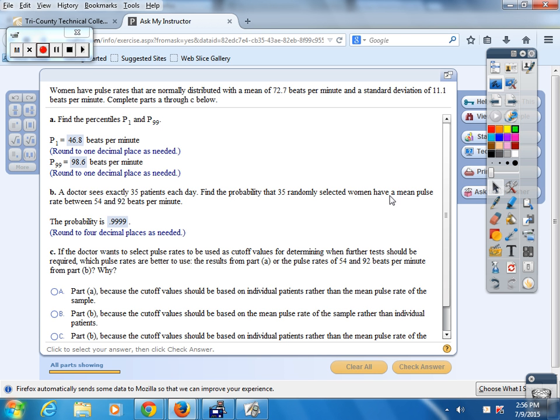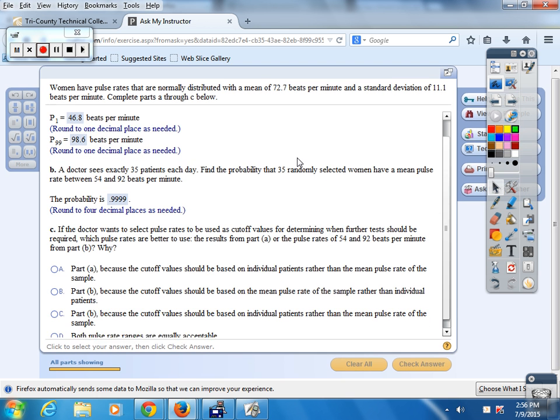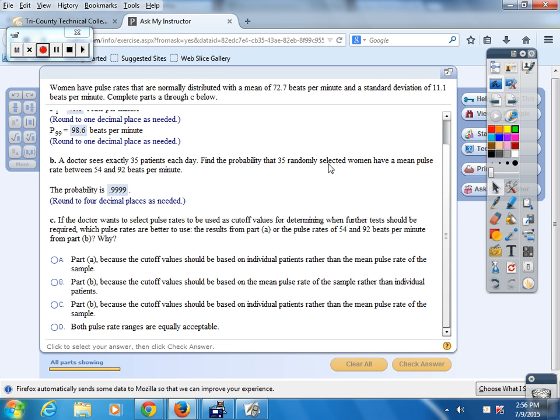Find the probability that the mean of 35 patients is between those values. I would say B, because it's actual people. But you think they're going to say that? No. They don't give you 0.9999 in the table. If you're doing it by the table, you're only going to get 0.999.